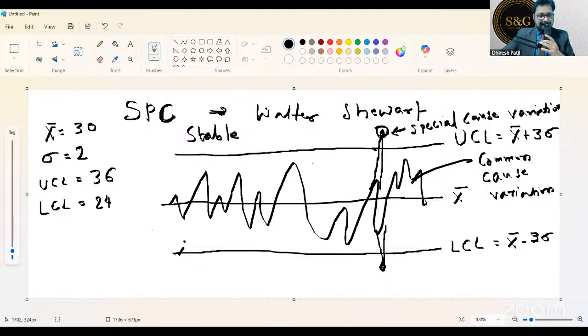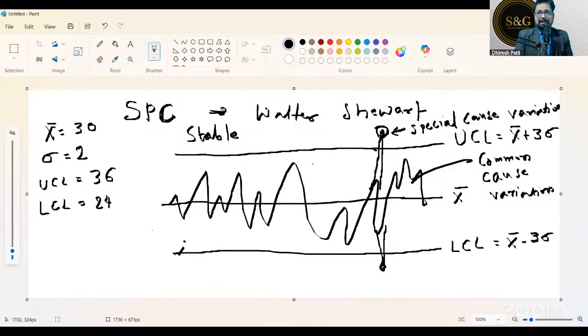We cannot eliminate variation from the universe because this is a fundamental principle of the universe. And if it is between the upper and lower control limit, that is common cause variation. If it goes beyond the upper or beyond the lower control limit, that data point becomes a special cause. That means something special has happened.